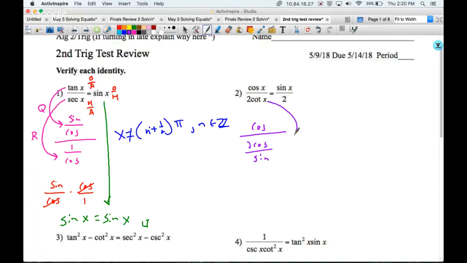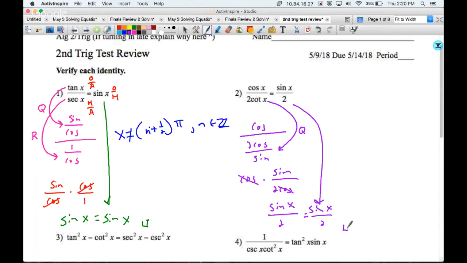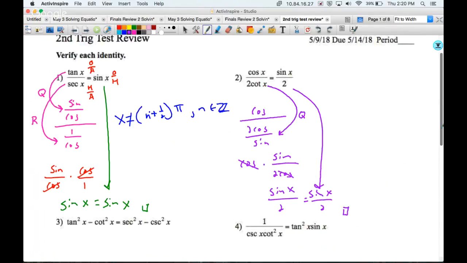I just used a quotient identity, so I write a q. Let's copy dot flop, so copy the top, dot, flop the bottom. These cosines will cancel, and now I've got sine of x over 2. Copy the sine of x over 2. The left equals the right, draw a little box.